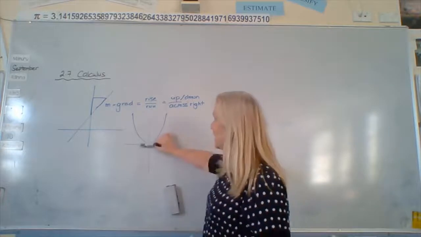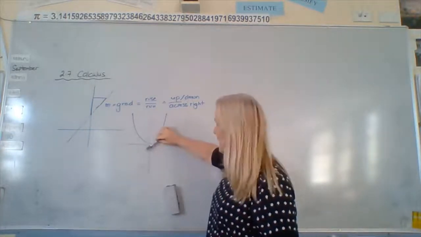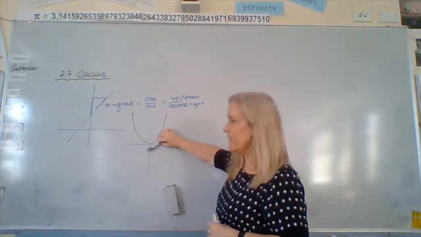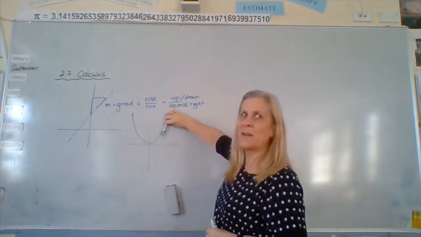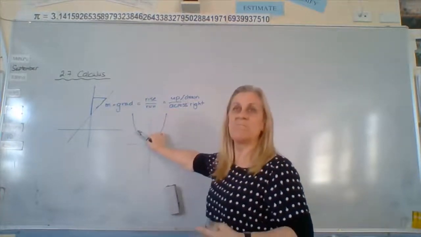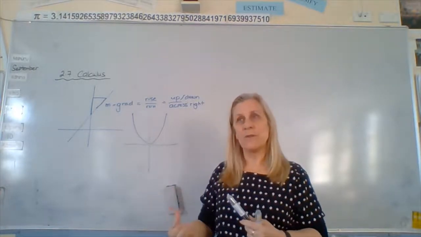Well, here the gradient is 0. Here the gradient is about 1. Here the gradient is about, yeah. So we've got lots of gradients on a curve.